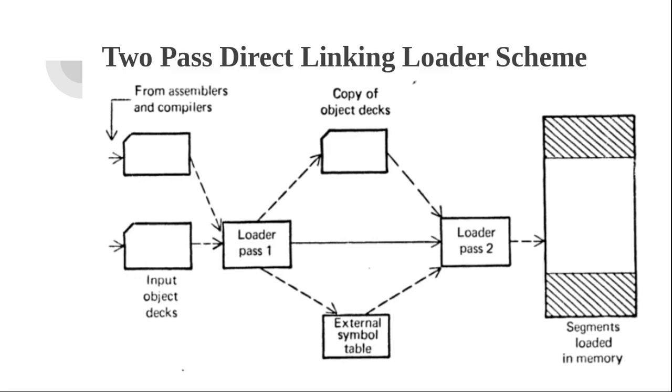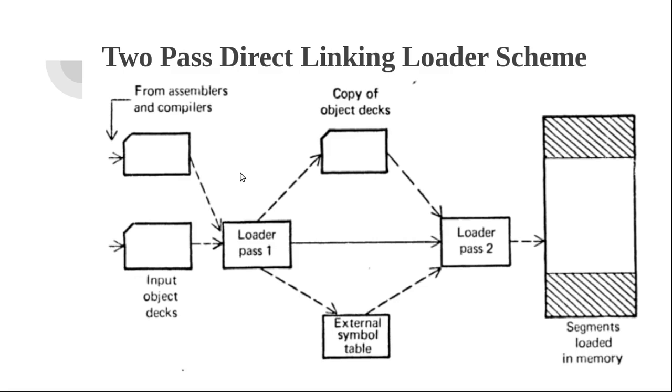In the first pass, the input is your object deck, that is the output from the assembler. And the object deck is the combination of ESD card, text card, RLD card and end card.